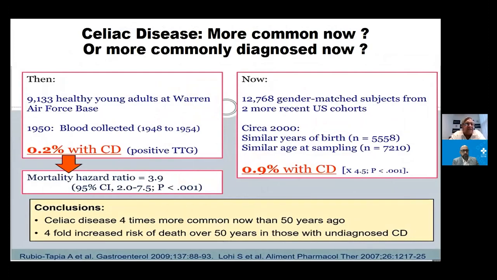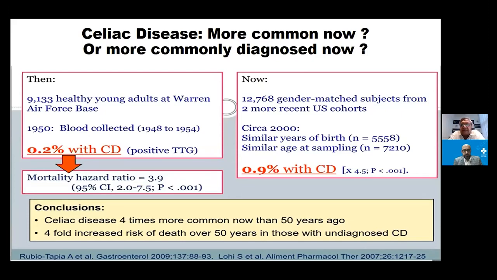An investigation was carried out once the anti-TTG test was accepted as the right method to choose, and they looked at 12,000 odd persons where the sample was collected much earlier. They found that in 1950 the diagnosis of celiac disease because of positive TTG was entertained in 0.2%.